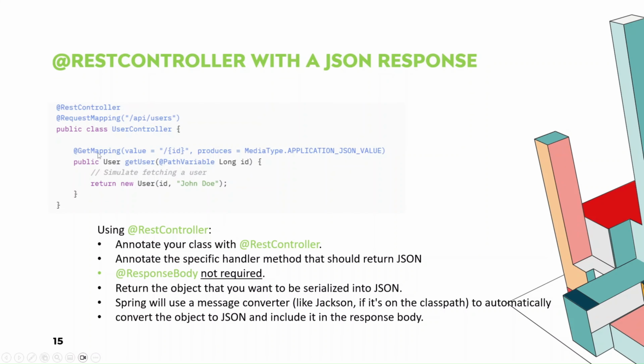We are not using response body. So using REST controller, annotate your class with RestController and response body is not required. Return type will be JSON in this case, and Spring will use message converter. Automatically it will convert that object into JSON and send back.